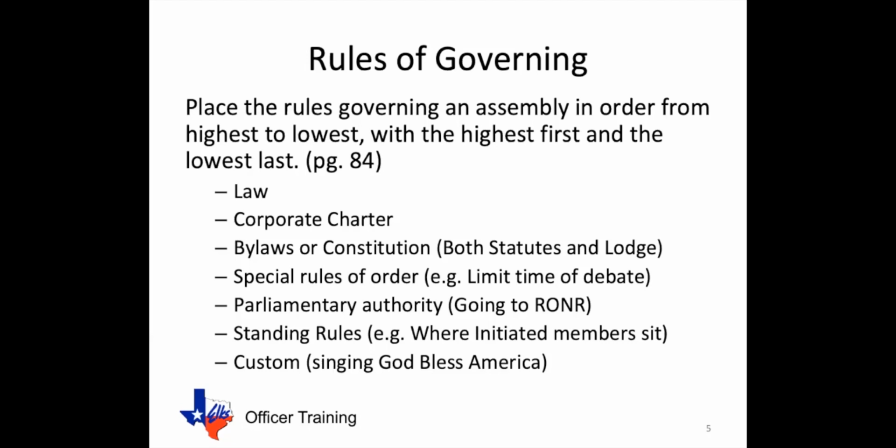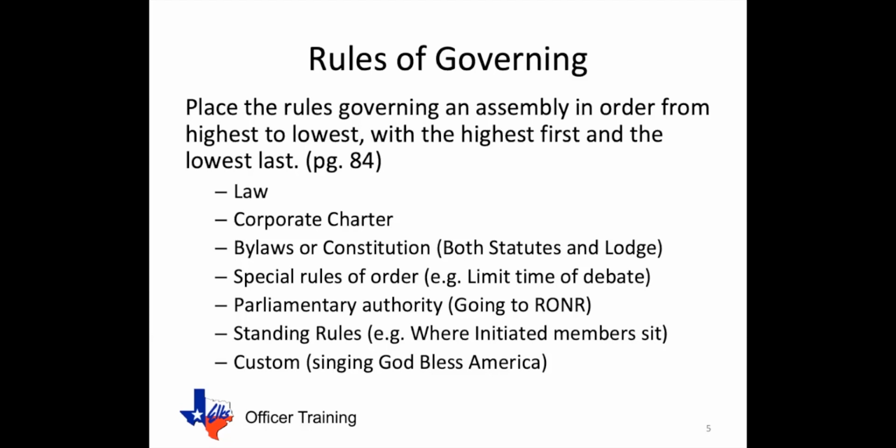Law. Obviously, when you are going to create bylaws or you're going to be using Robert's Rules of Order, you cannot be breaking the law, whether it's federal, state, or local law. And that is the highest priority. You must follow the law. The second thing is a corporate charter, also known as Articles of Incorporation or Certificate of Corporation.